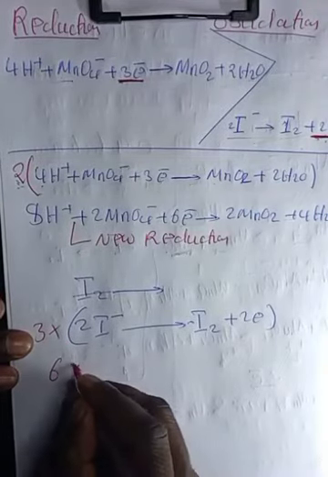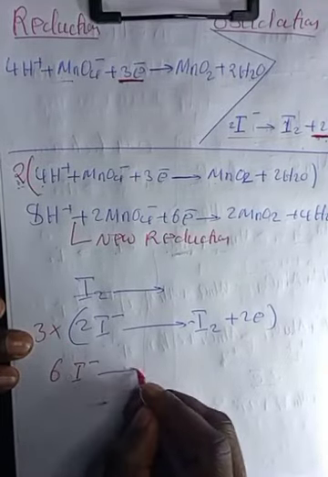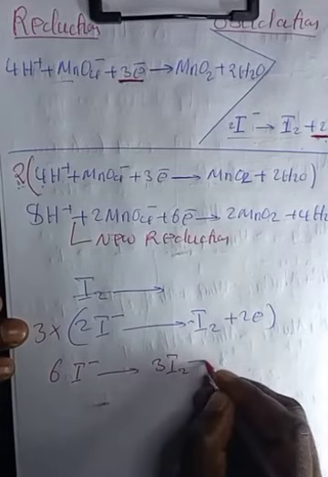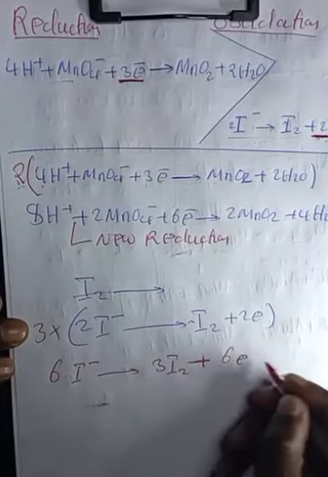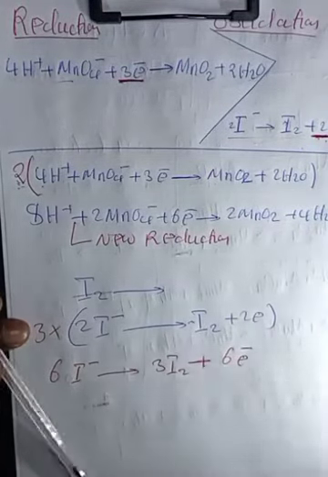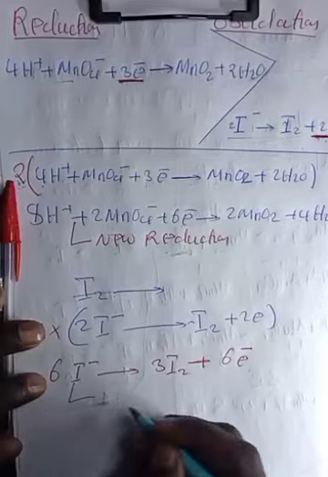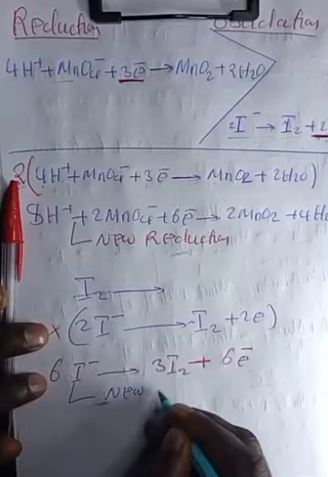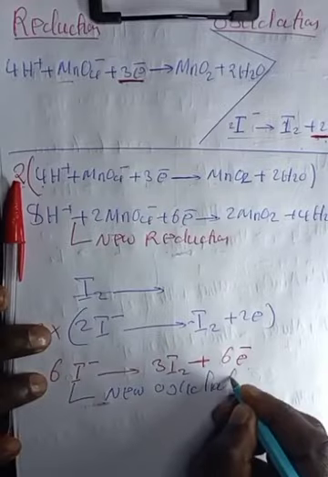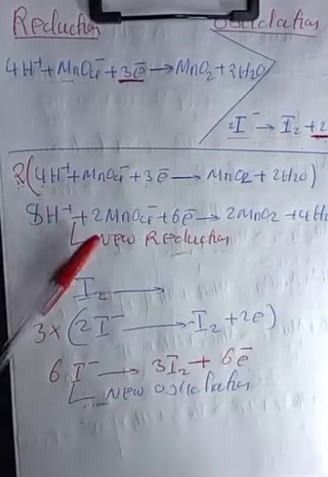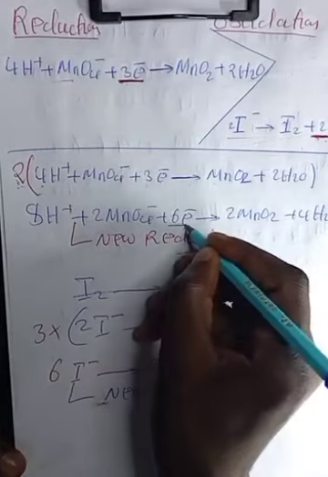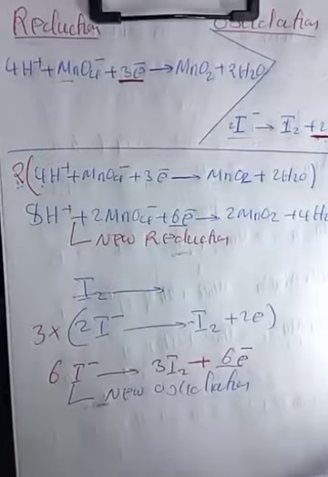We get 6 iodide, I-. This will also be 3I2, then plus 6 electrons. So this is also our new oxidation. Okay. So we have 6 electrons here, and also 6 here.